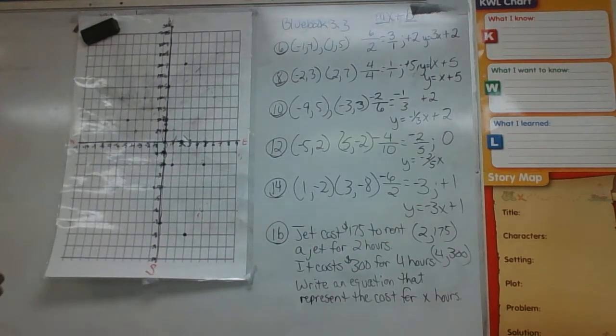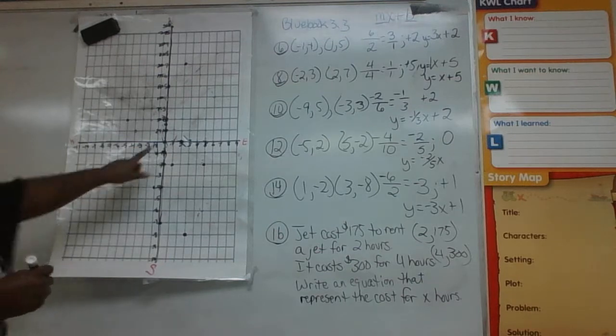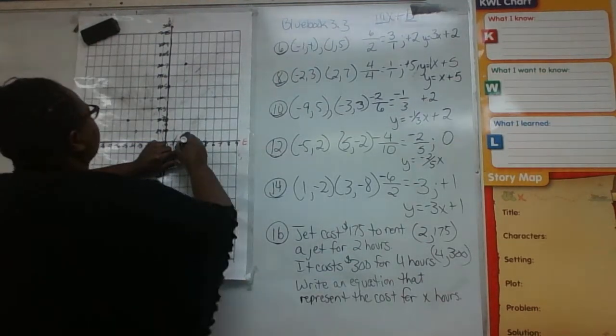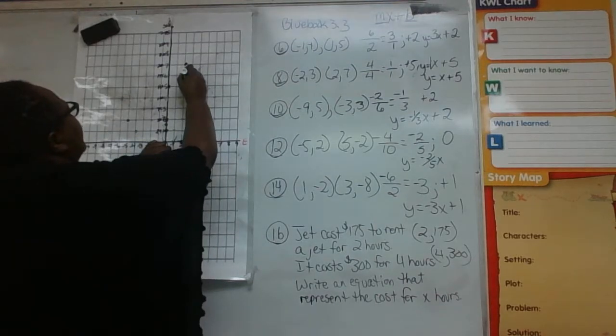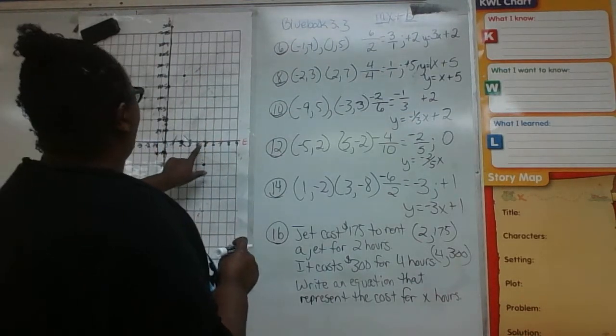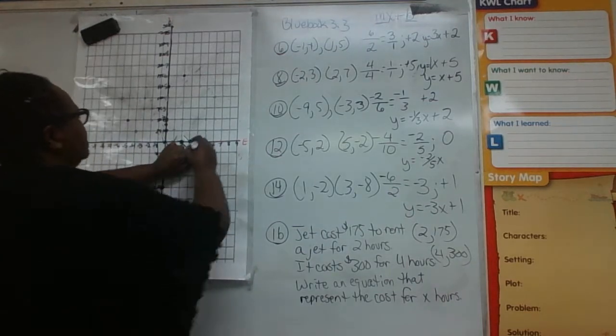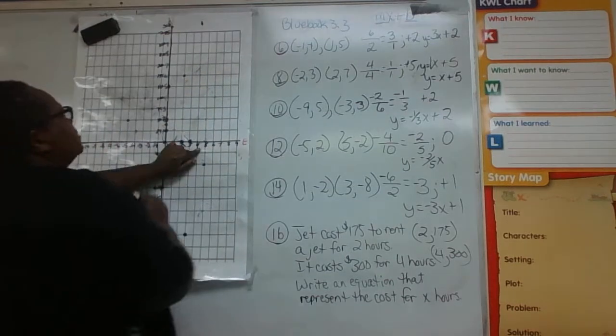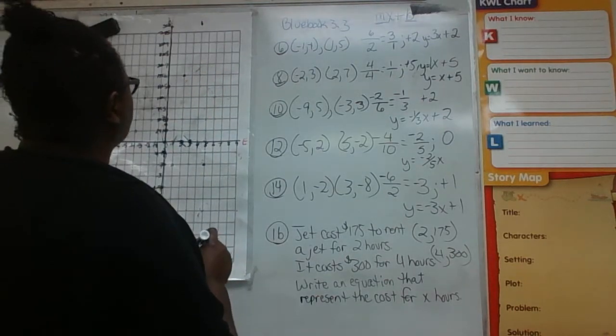All right, so now let's plug it in. At x is 2, y is 175, and that puts it right about here. When x is 4, y is 300. That puts it all the way up to here. All right, so now let's find our slope.